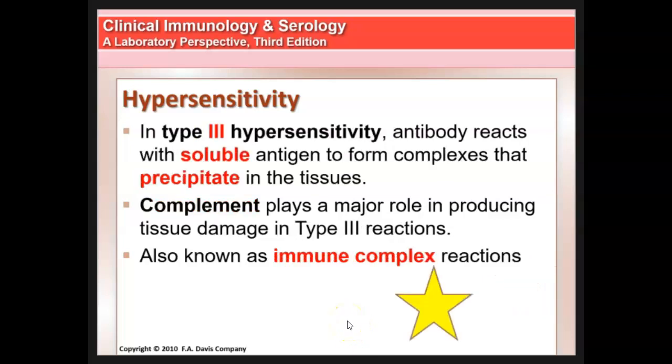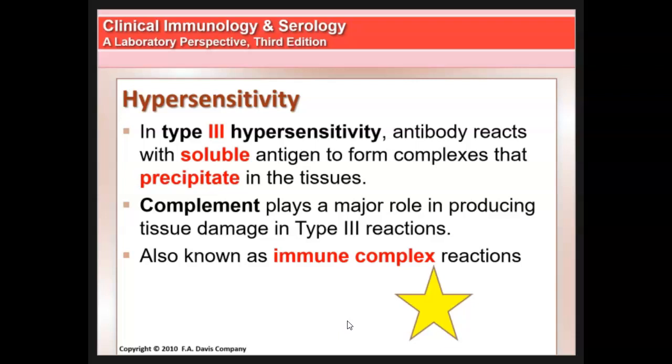Type 3 hypersensitivity, the antibody reacts with soluble antigen. Okay, so remember type 2, we have cellular antigens bound to cells. In type 3, our antibody reacts with soluble antigen to form complexes and precipitate out in the tissues. Complement plays a major role in type 3 reactions in producing tissue damage, and these are also known as immune complex reactions.